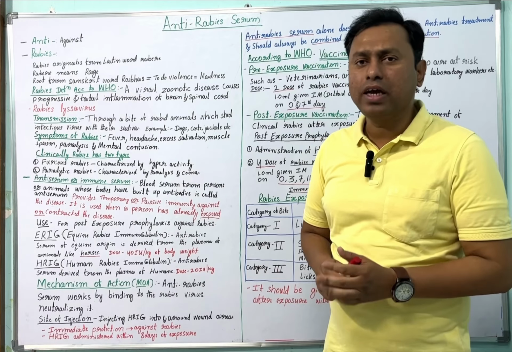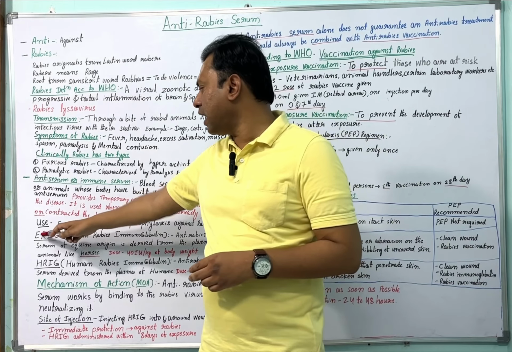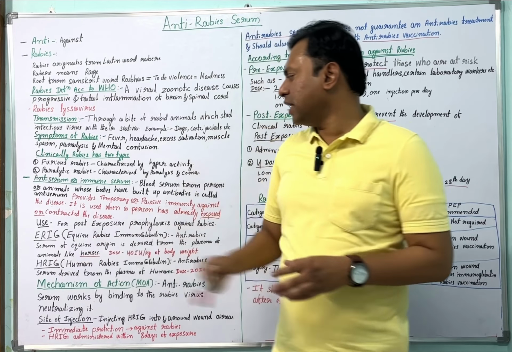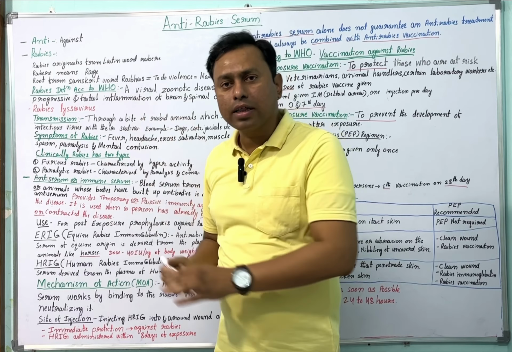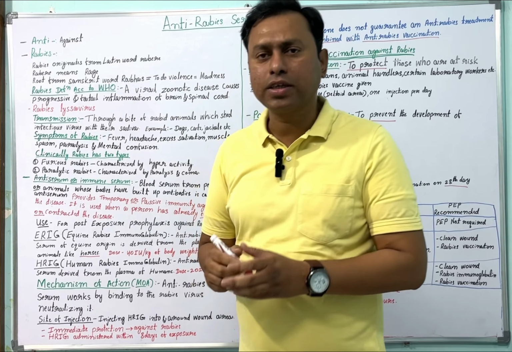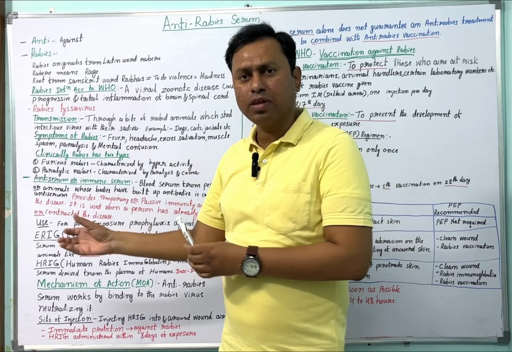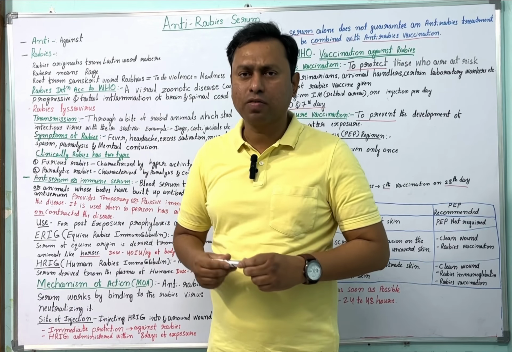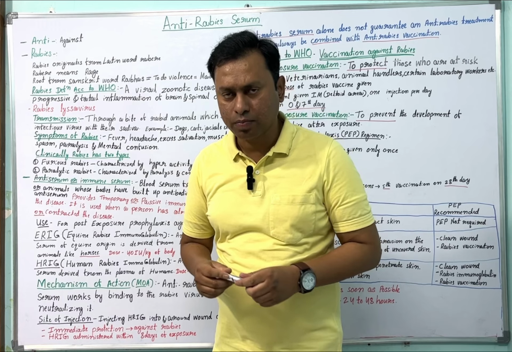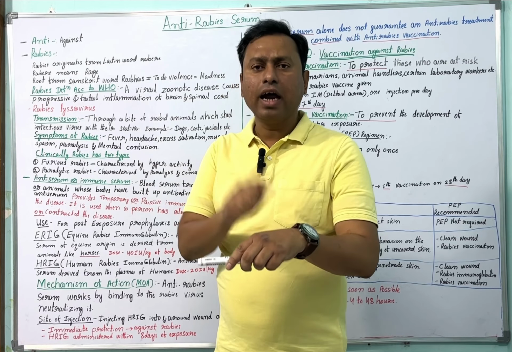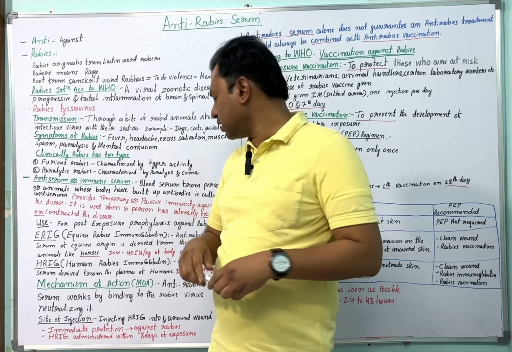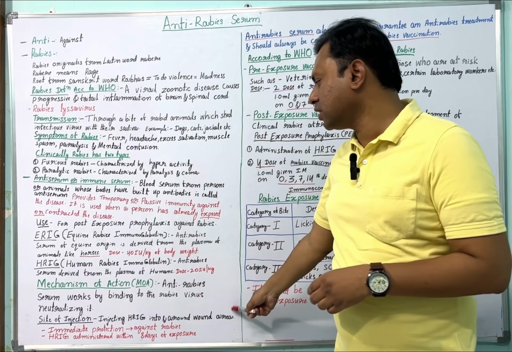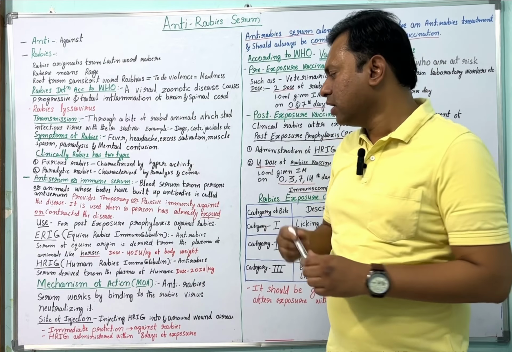According to WHO, ERIG and HRIG are both used, but human serum immunoglobulin is considered superior to the serum of horses and the best one for treating rabies. What do we have to give? Inject at the site of the dog bite and the surrounding area; only there do we give these injections.